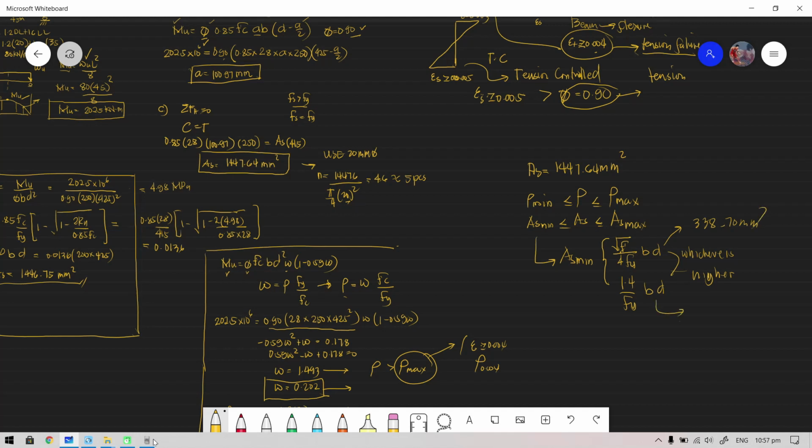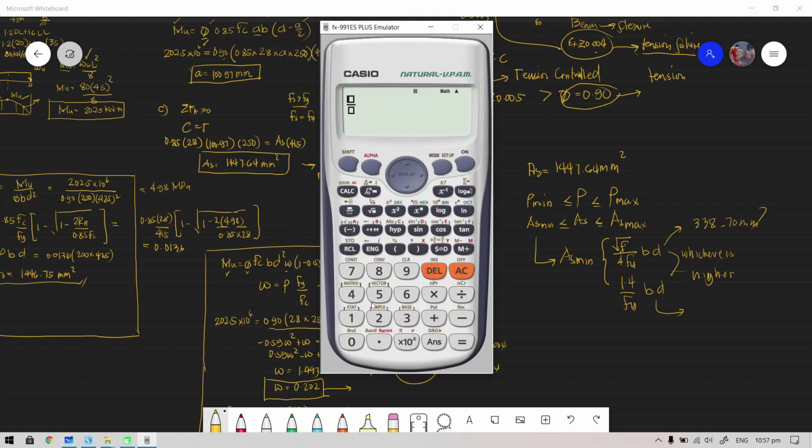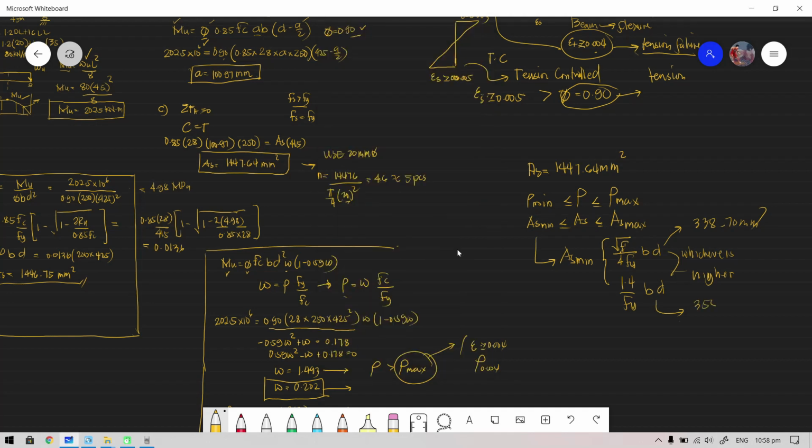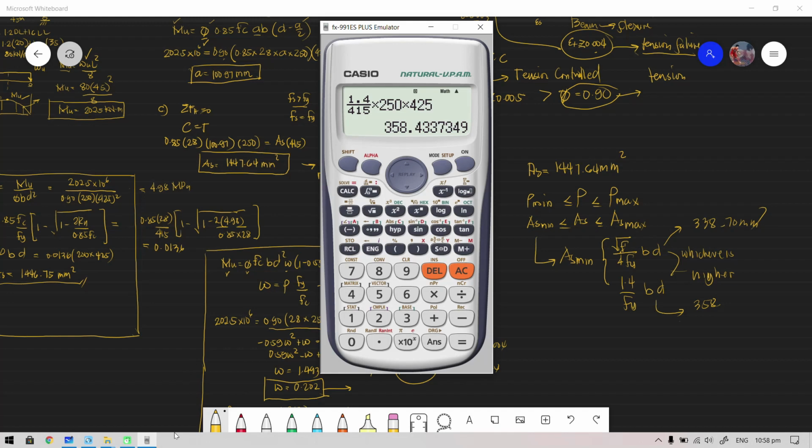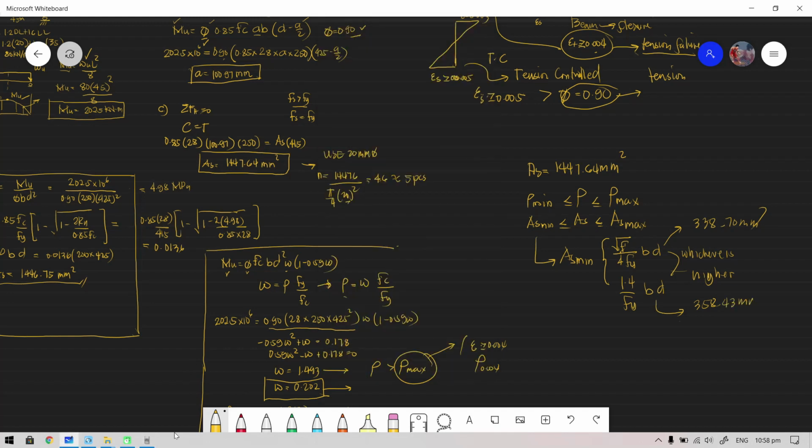Ito naman, 1.4 over Fy is 415, ang B is 250 times 425, 358.43 mm squared. So, ito yung magiging lower limit natin for AS min.